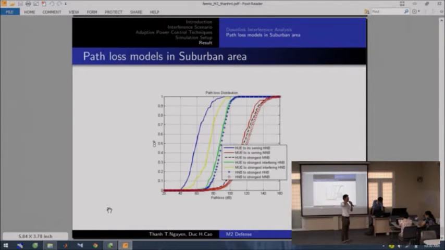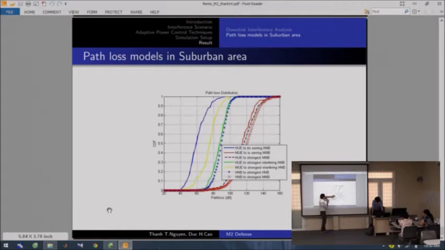And my purpose in the next stage is to evaluate the algorithm at system level. I mean that I already generated the suburban area.